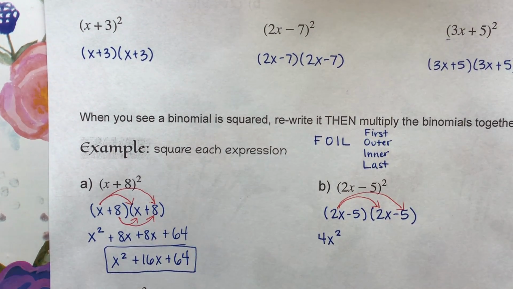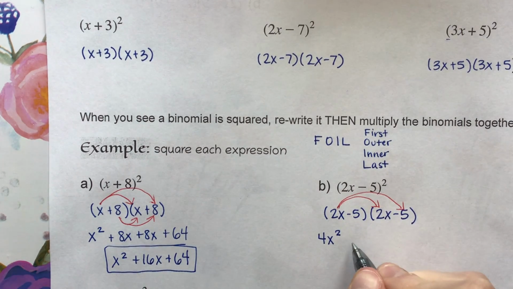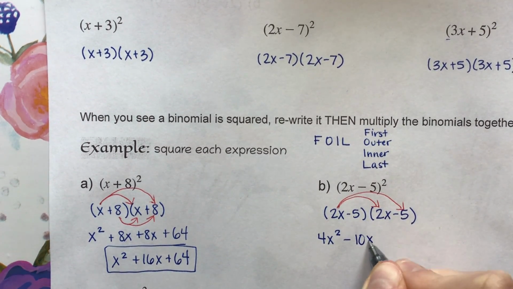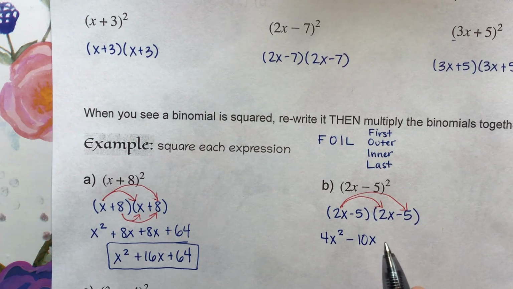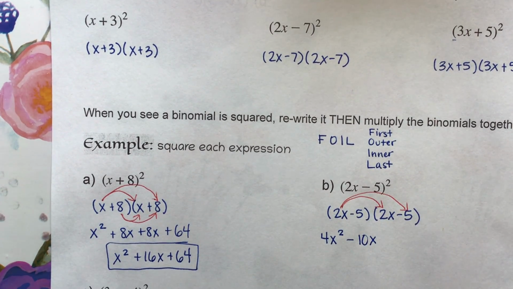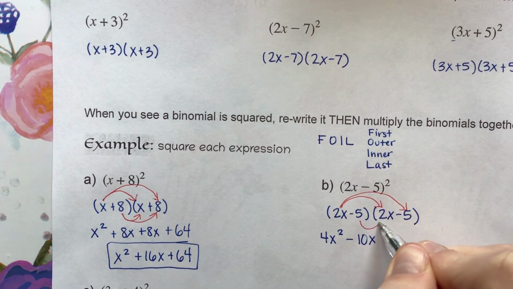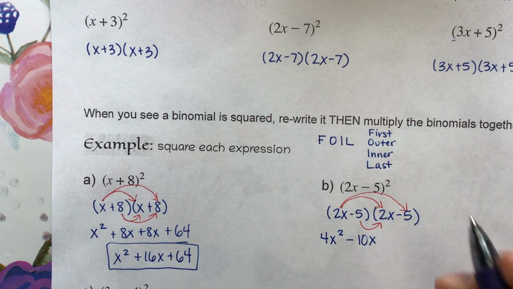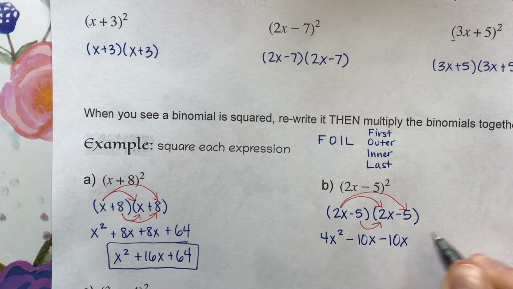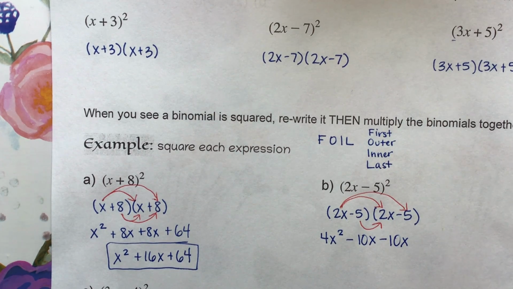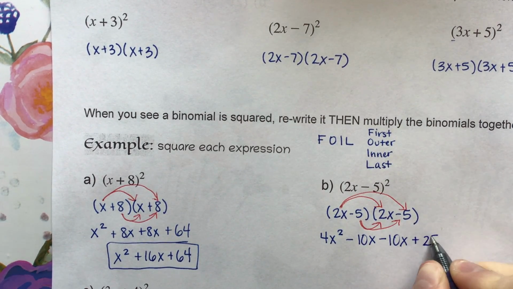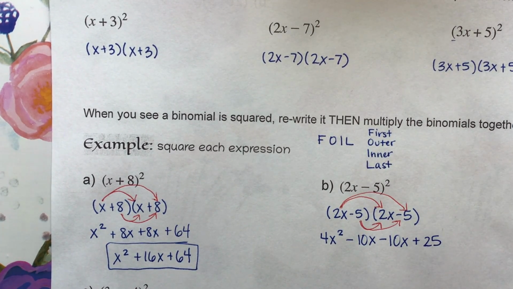Then I'm going to take 2x times negative 5, which is going to be minus 10x. After that, I'm doing my inner terms, negative 5 times 2x, which is once again minus 10x. And then I have negative 5 times negative 5. Well, a negative times a negative is a positive, so I have plus 25.